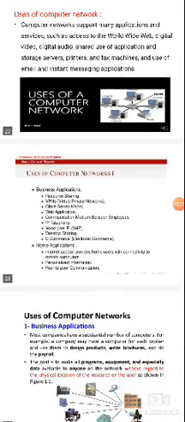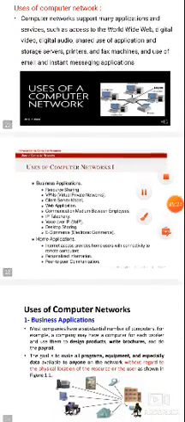Computer networks also support business applications. In business applications they are used for resource sharing, meaning sharing data among all employees in the office. Next, virtual private networks: since the data is more secured, it is shared over a virtual private network.